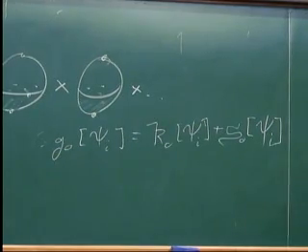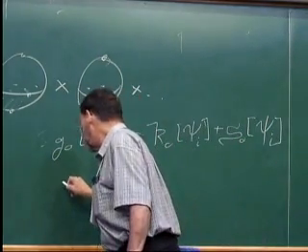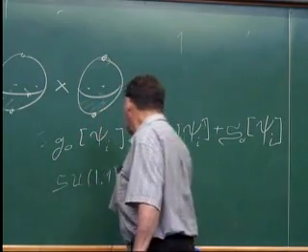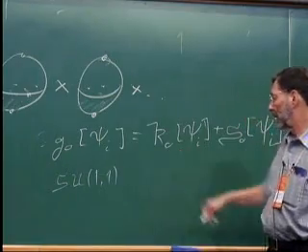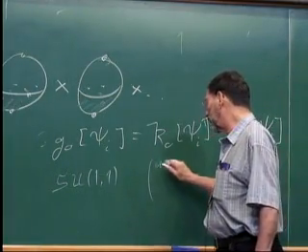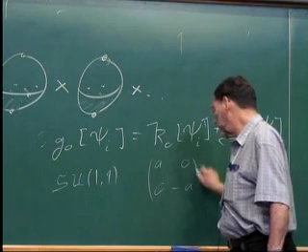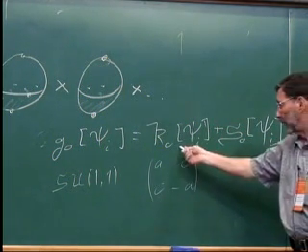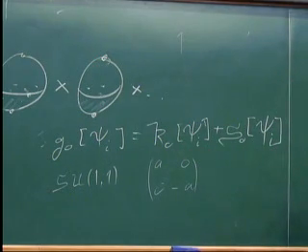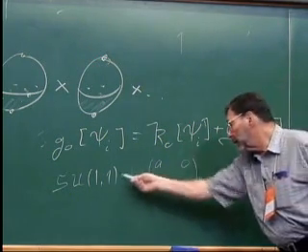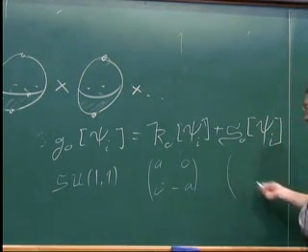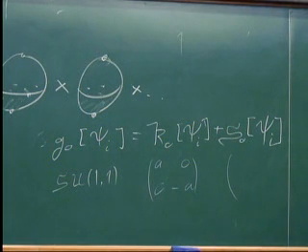This would correspond, in the case of SU(1,1), to the matrices A, 0, 0, minus A, where A is pure imaginary, that is, the skew-Hermitian matrices, and this would correspond to the Hermitian matrices. Okay, so now I can start writing down all 2 by 2 Hermitian matrices.